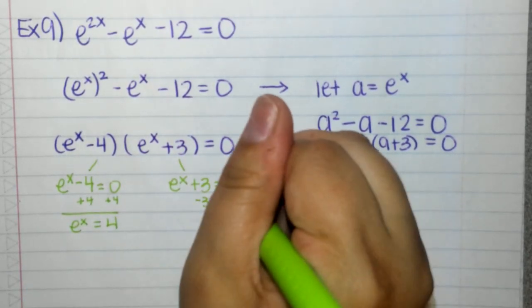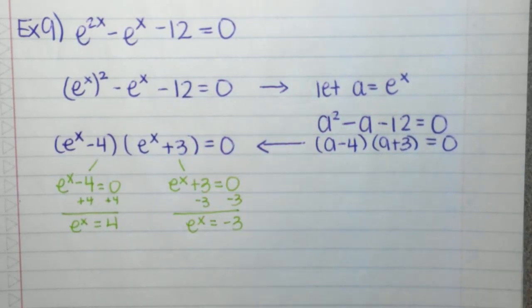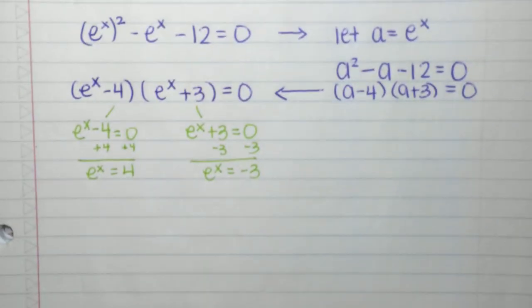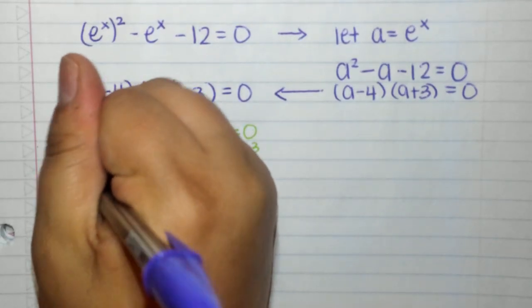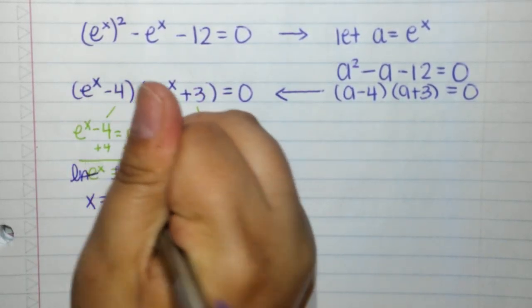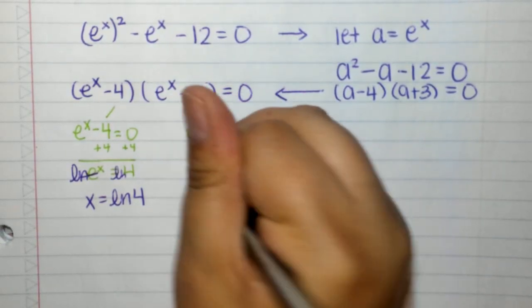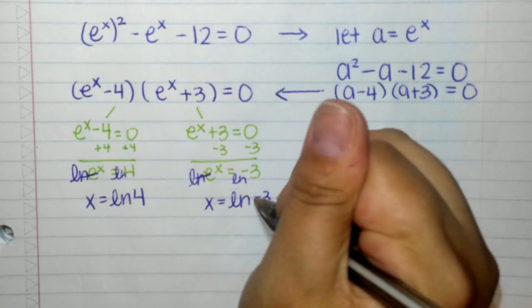Minus 3. e^x equals negative 3. Are we okay so far? We have to natural log both sides. So x equals the natural log of 4. And x equals the natural log of negative 3.